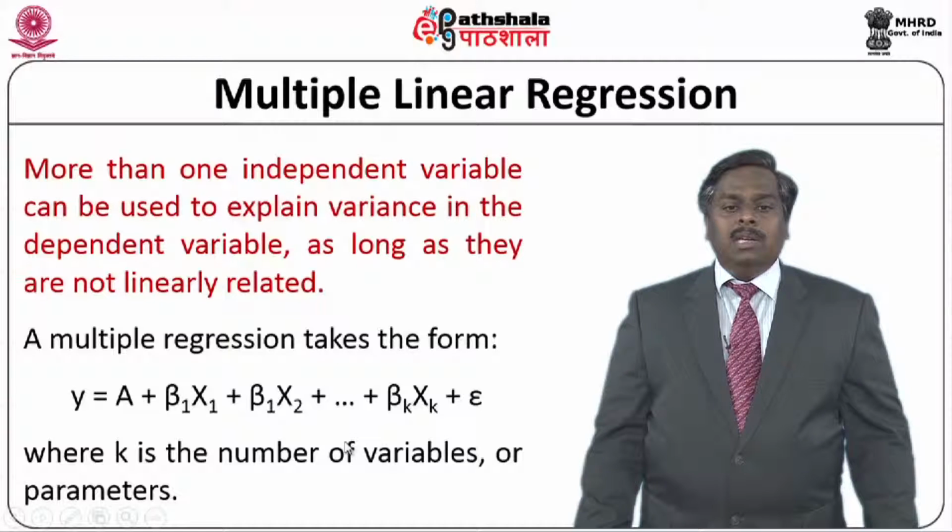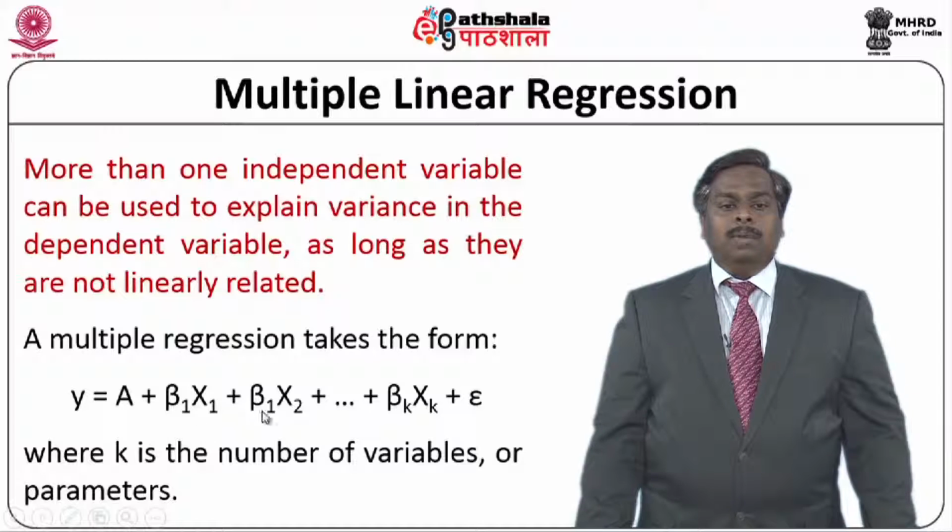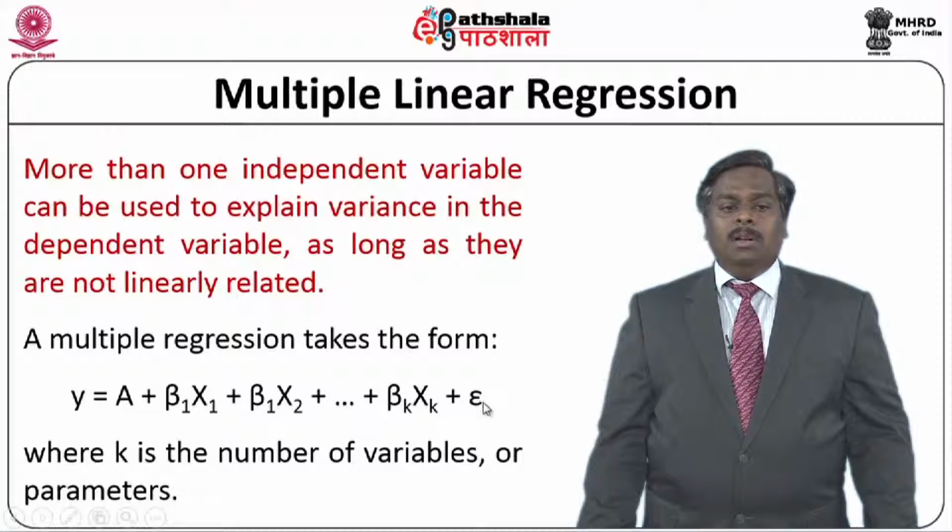Multiple regression may be mathematically represented as shown here: y is equal to a plus beta 1 x1 plus beta 2 x2 plus up to beta k xk plus epsilon, where k is the number of variables that we are considering for our analysis.